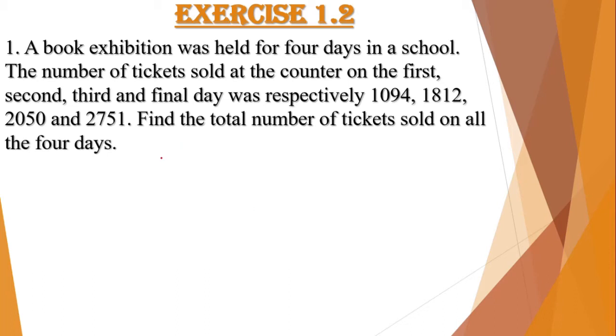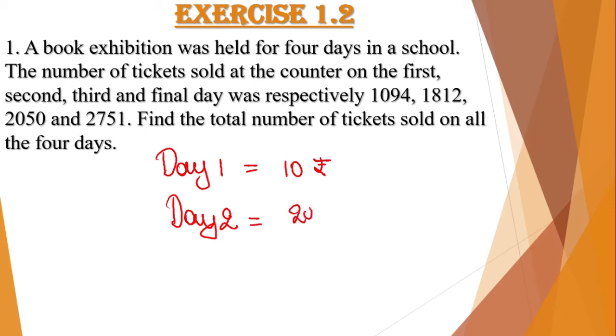Now, let's consider it for 4 days. So, on day 1, which is the first day, they gave you 10 rupees, right? And on day 2, which is the second day, they gave you 20 rupees.